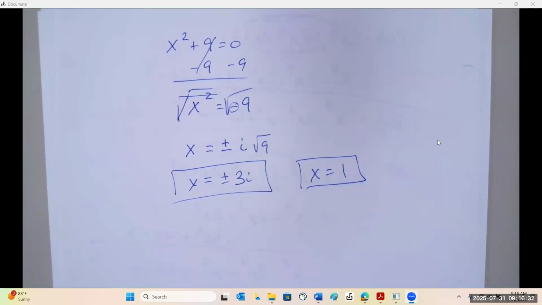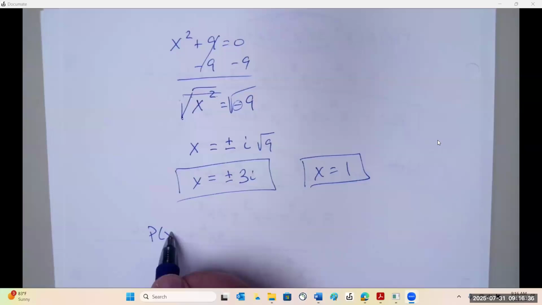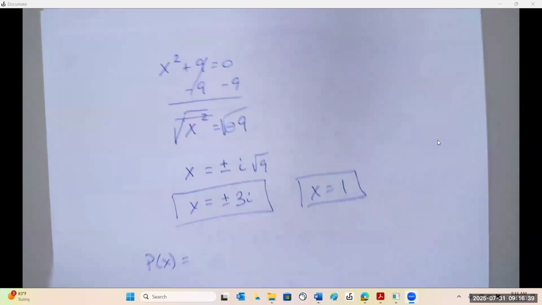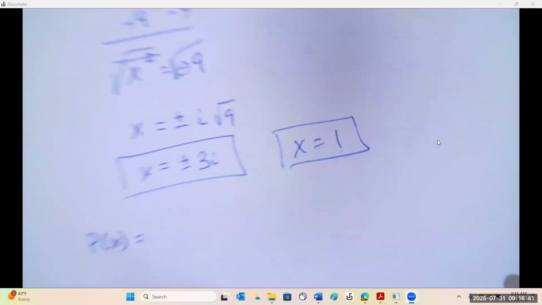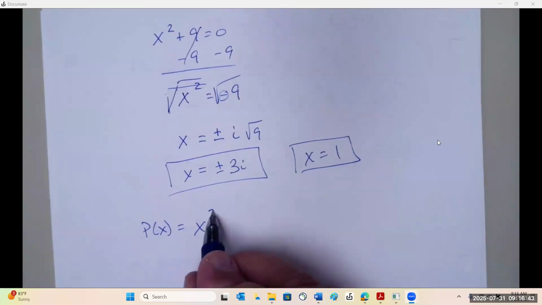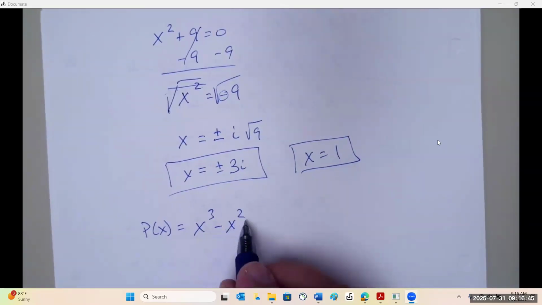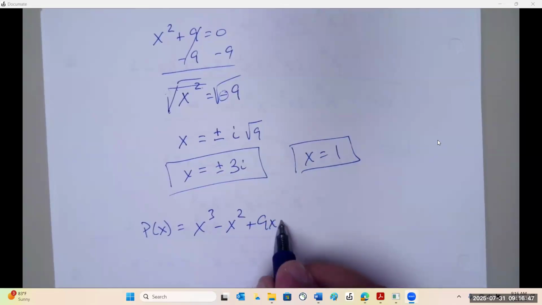So what are the factors of my polynomial? Remember, our polynomial was x cubed minus x squared plus 9x minus 9.